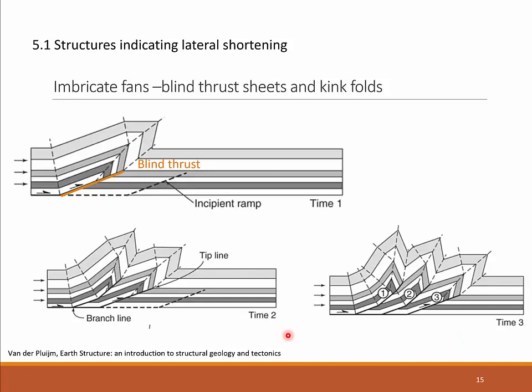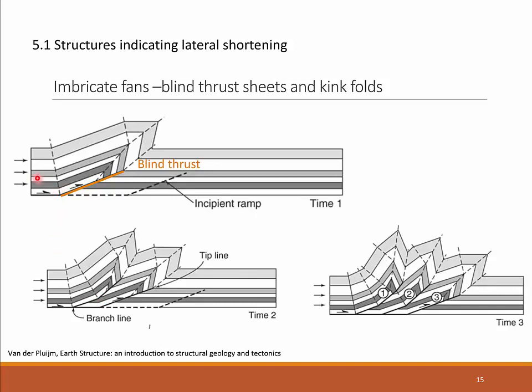You might ask the question, why do we find these several generations of blind thrusts forming? Why do they become inactive, and why does the imbricate fan propagate? We have seen a similar feature in duplex structures, and the mechanical reason why we propagate an imbricate fan is very similar to the answer that we found for duplex structures.